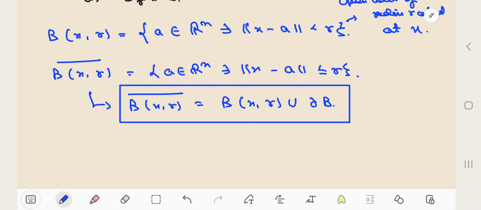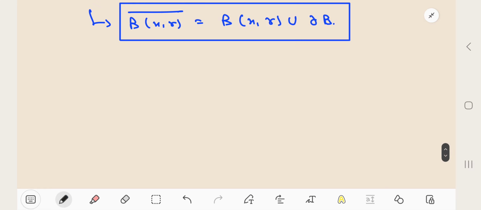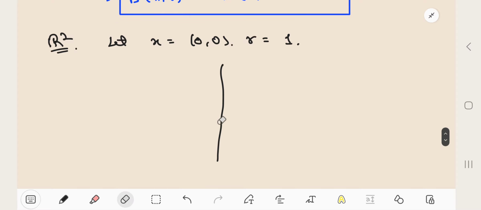These are very standard definitions if you have taken a course in metric spaces, but let's talk about a quick visualization. Suppose we are in R2. In R2, let x be simply the origin, and let r be 1. So we have x equal to 0.